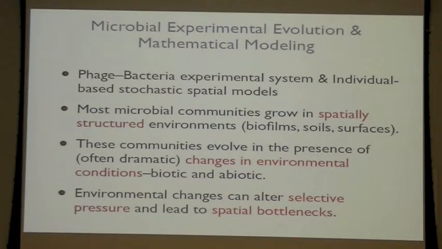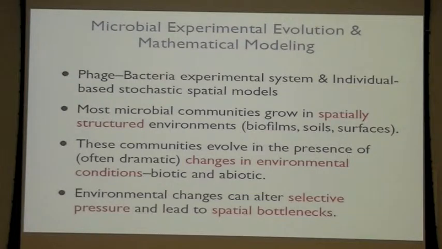Some of the other things that I like to inject into the work is something that's different from experimental systems. Often in the real world, environmental changes are happening all the time. These might be biotic or abiotic changes. And these changes in environmental conditions can be quite strong.